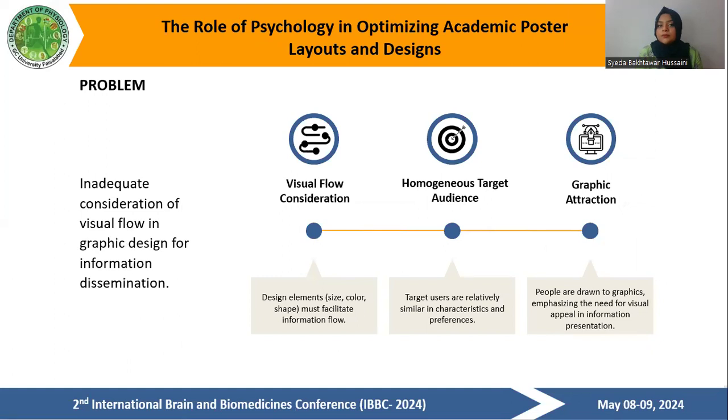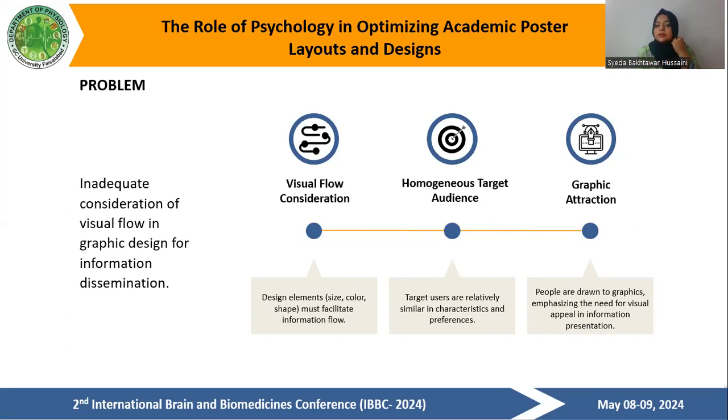So here comes the problem that we addressed in our research paper, which is inadequate consideration of visual flow in graphic design for information dissemination. The three main problems we addressed are: first, visual flow consideration, which means the design elements such as size, color, and shape must facilitate information flow. Second is the homogeneous target audience.